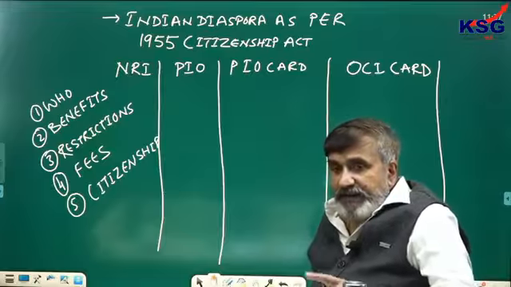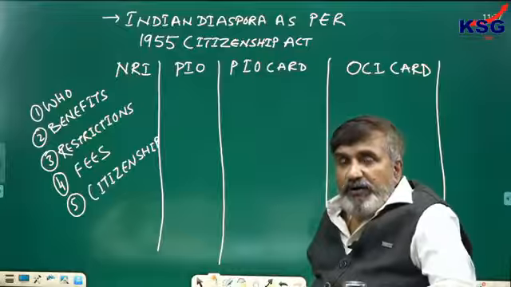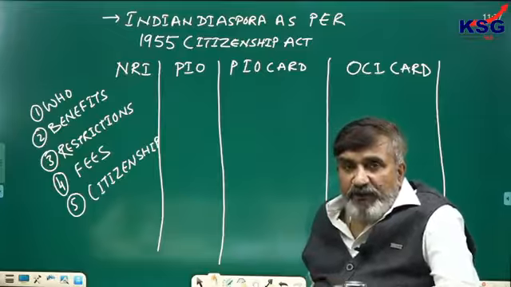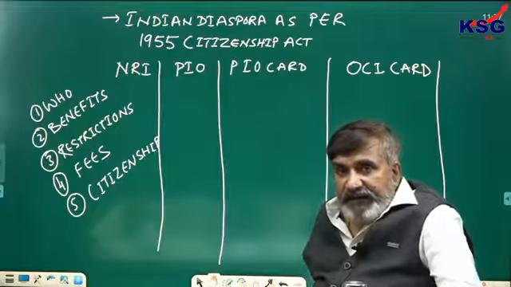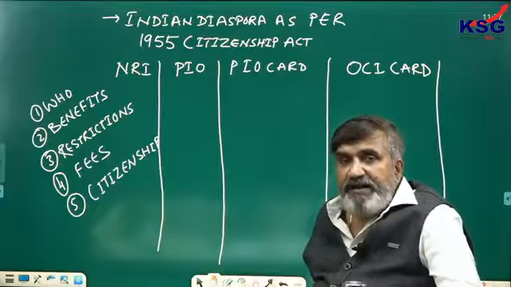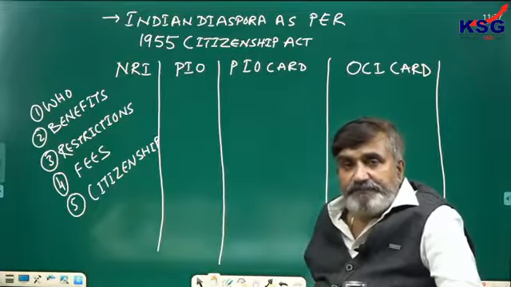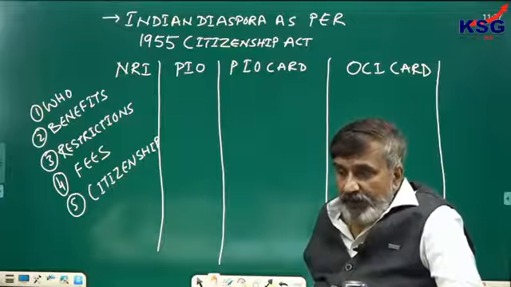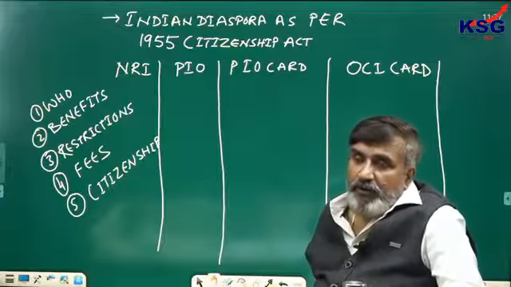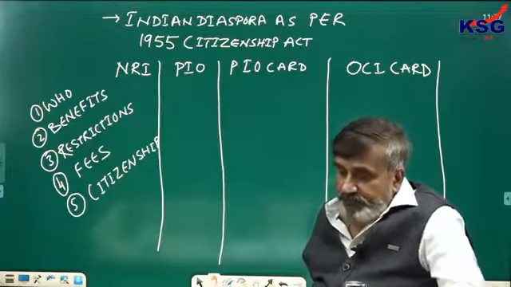That is, they were not allowed to indulge in sale and purchase of agricultural and plantation properties. So what was the final outcome?